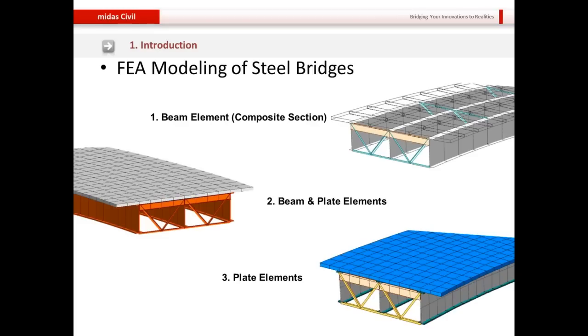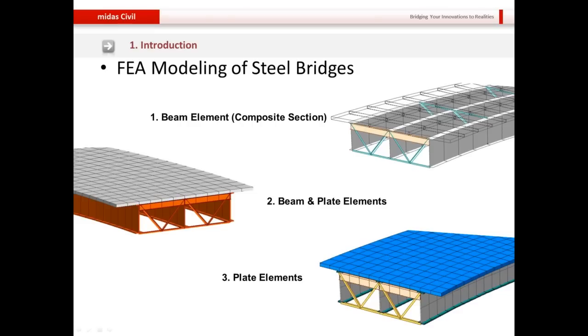Another way is to model the girders with beam elements, as you can see in this model. The girders are modeled with beam elements, so it's a single line element, and then it's covered by plate elements to represent the concrete topping. And for the third one, we use plate elements to also model the web of the main girders, and model the concrete with plates too.